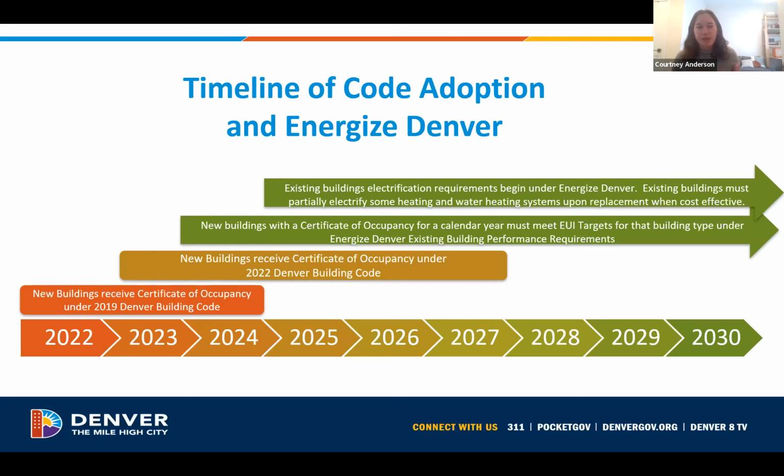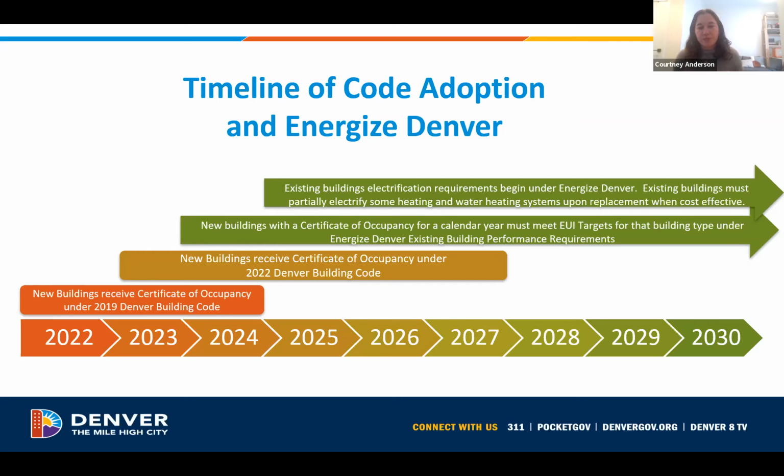The yellow above that is what we're all discussing today, the 2022 Denver Building Code. Buildings would start to get permits at the beginning of 2023, but they could still receive certificate of occupancies up until years like 2026 or 2027, possibly.